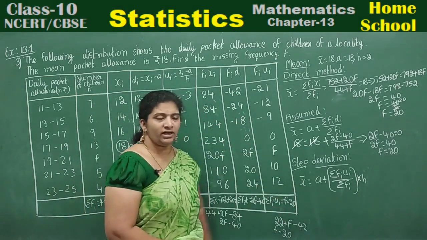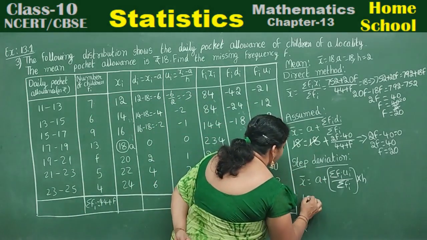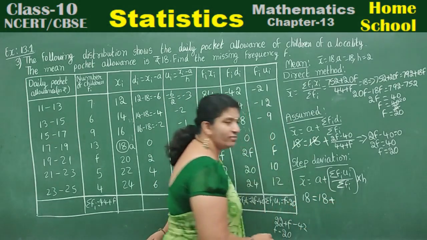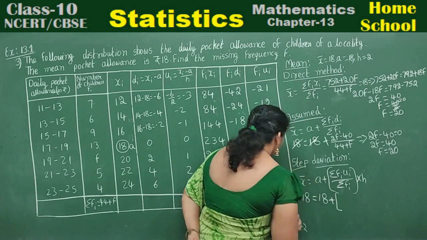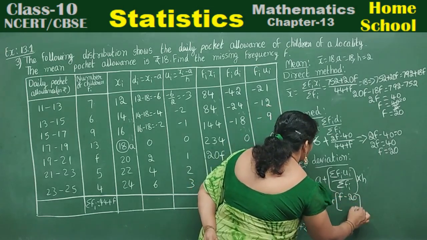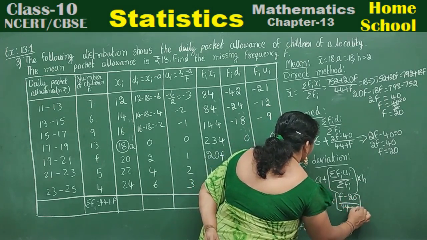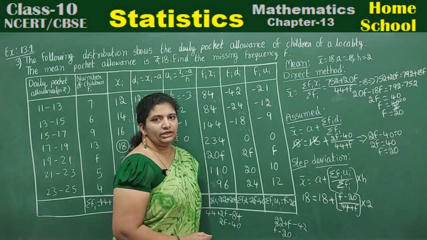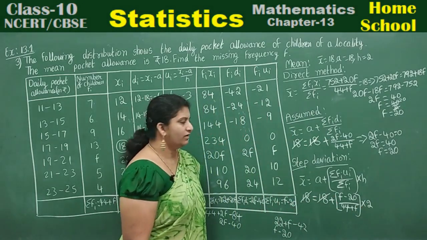Apply this in formula. X bar mean already given in this problem. 18 is equal to 18 plus assumed value is 18 plus summation fi ui value is f minus 20 by 44 plus f into 2. 18 cancel.